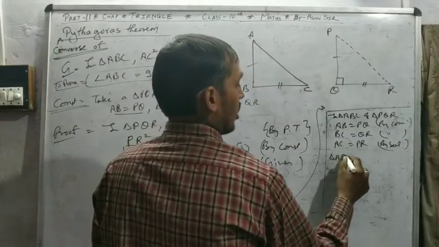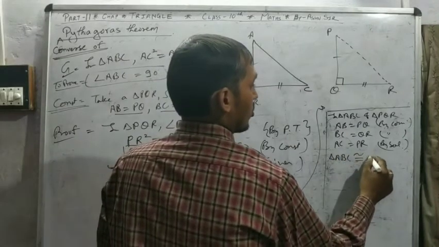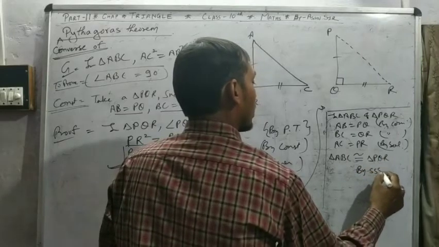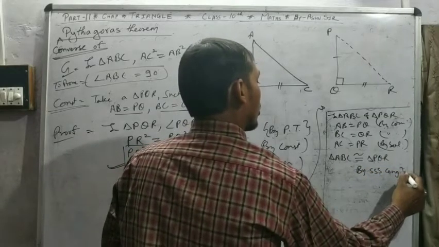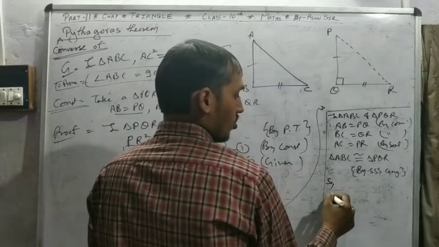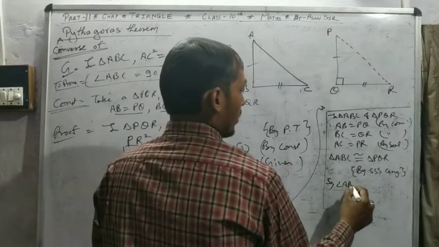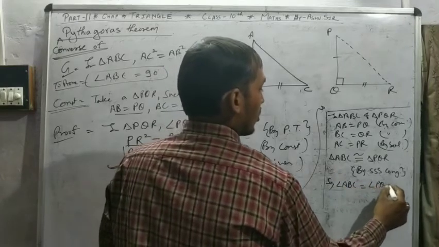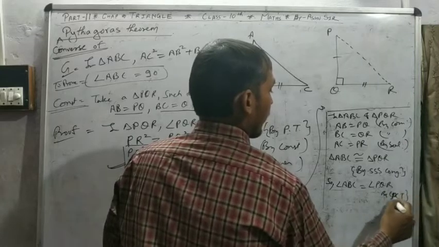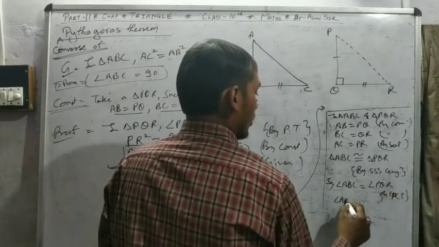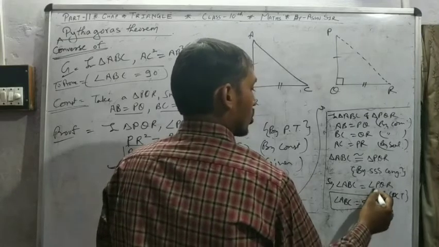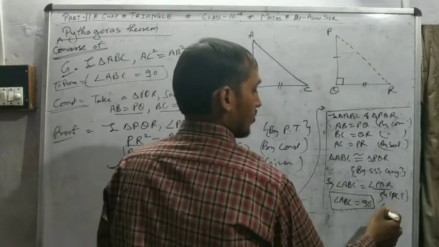So triangle ABC is congruent to triangle PQR by SSS congruency. When triangles are congruent, angle ABC is equal to angle PQR by CPCT. So angle ABC is equal to 90 because PQR is already 90. That's the proof.